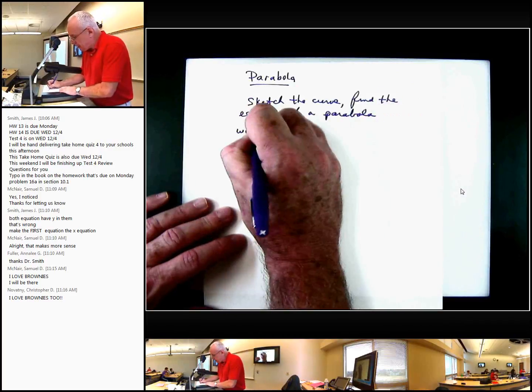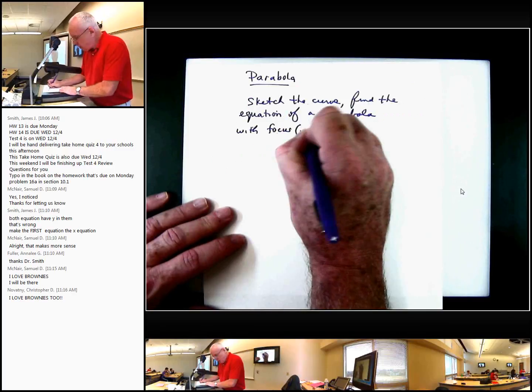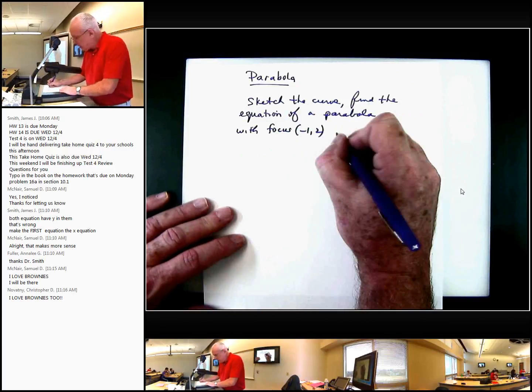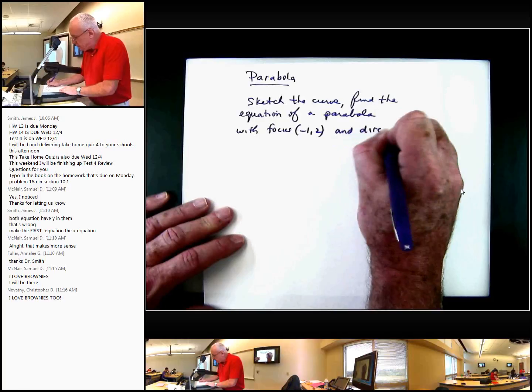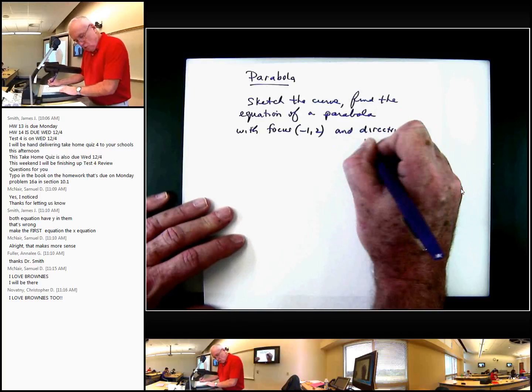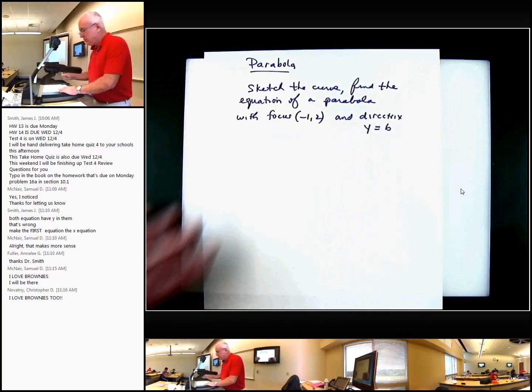The parabola has a focus of -1, 2, and remember this parabola has this thing called a directrix, a directrix y equal to 6.